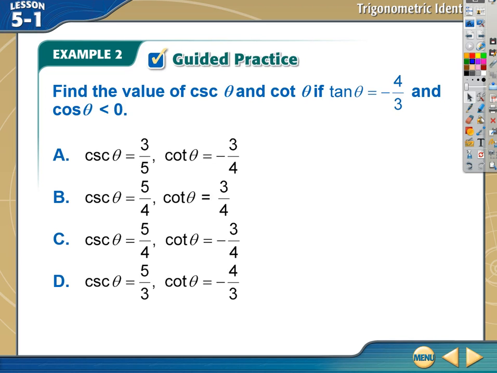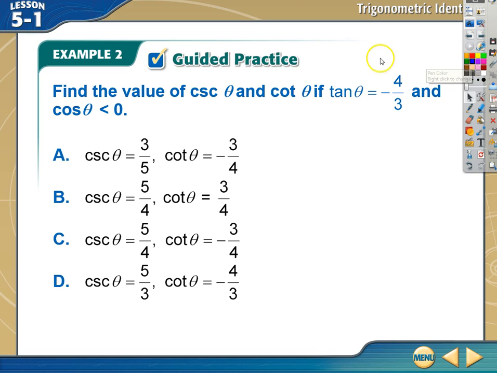All right. So it says find the value of cosecant and cotangent if tangent is equal to negative 4/3. Again, I didn't put the handy-dandy choices there for you, so we're just going to work this out. So what am I going to do? Well, one of these should be very straightforward, right? They're looking for a cotangent, and they give me tangent.